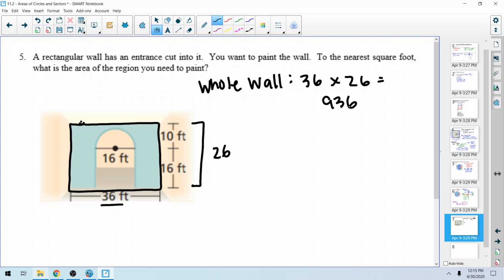That's the whole wall. Now, I don't want to paint this, and I don't want to paint this. So I'm going to find the area of both of those and then subtract it off. So I'm going to start with the semicircle.